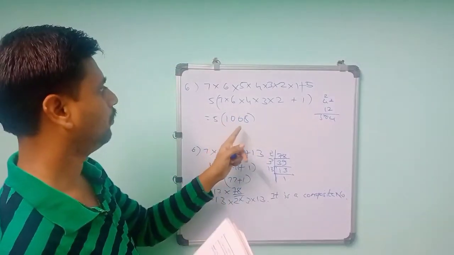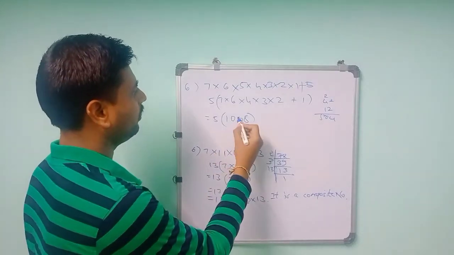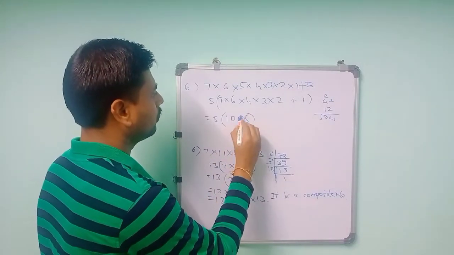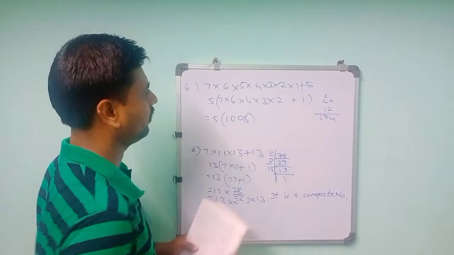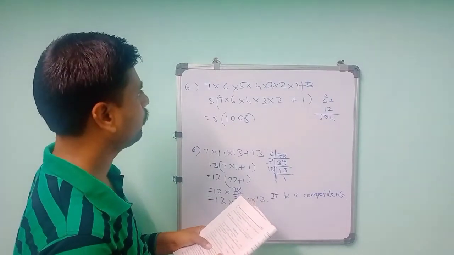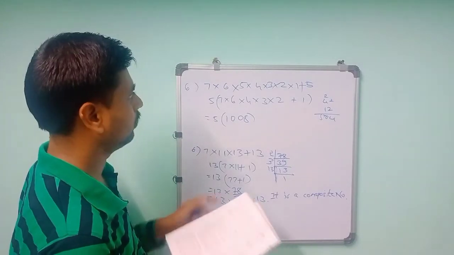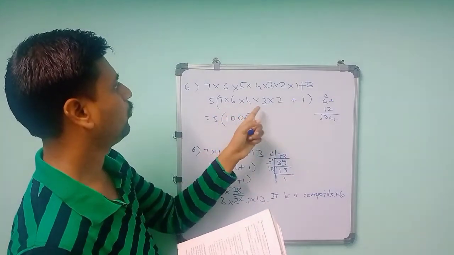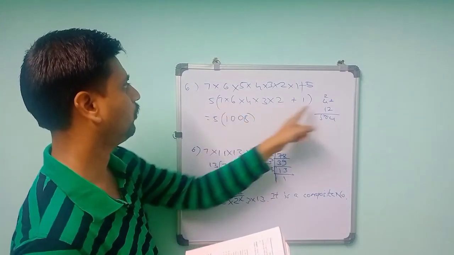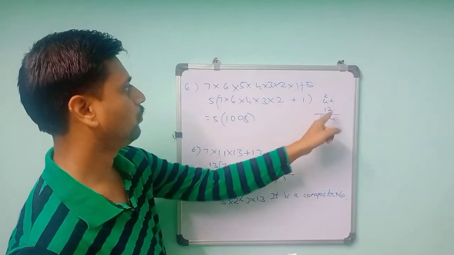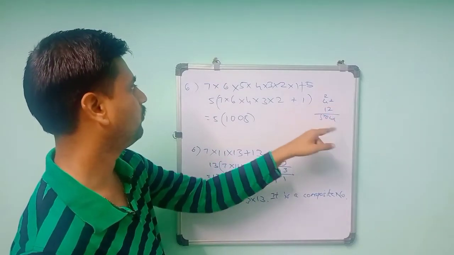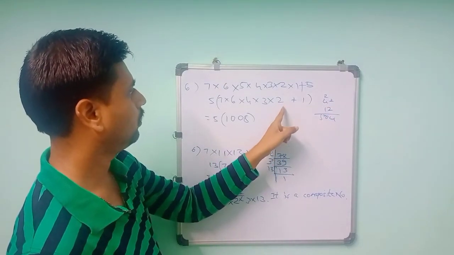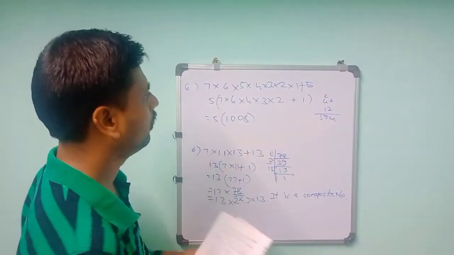So this is one factor, this is one factor: 7 into 6 into 4 into 3 into 2 plus 1.